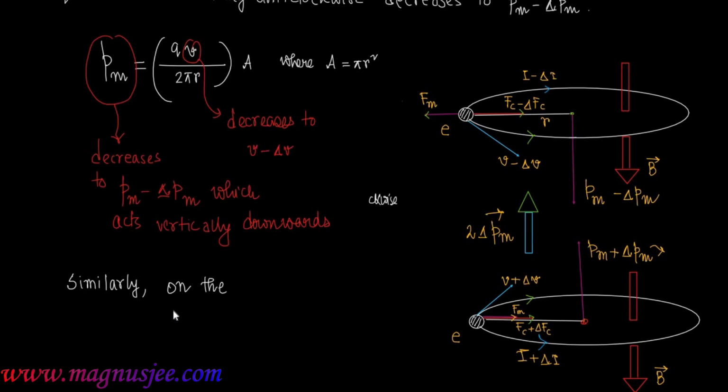Similarly, consider the electron revolving clockwise in a horizontal circular orbit.